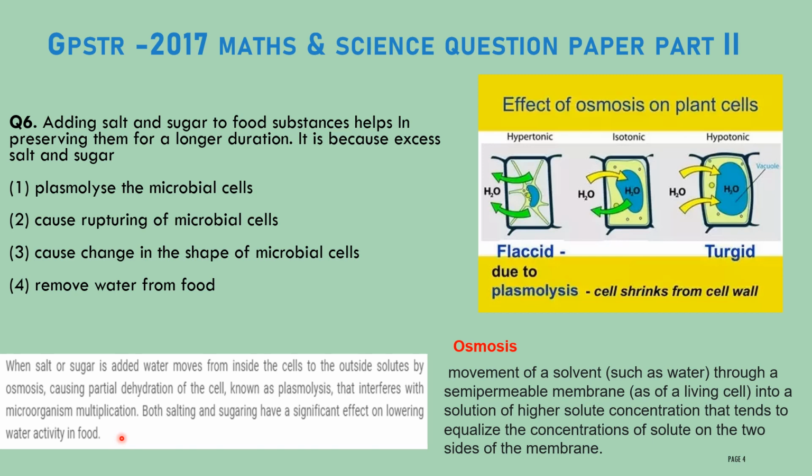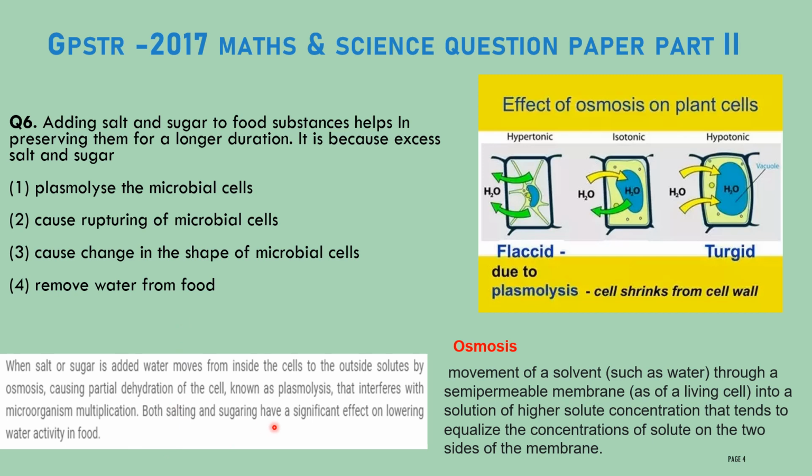This will stop the growth of microorganisms such as bacteria and fungus, and yeast will also decrease. If you remove all the water from the food, it will stop the growth of microorganisms. If microorganisms do not grow on food materials, then the food will not get spoiled.